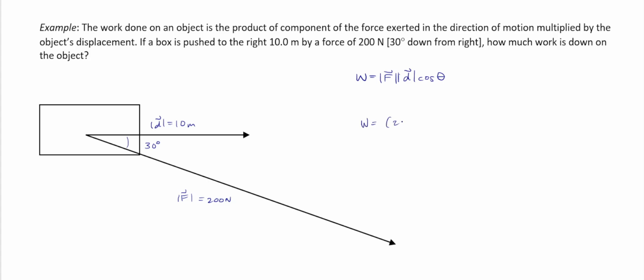So work is equal to 200 newtons times 10 meters times cos of the angle in between them, which is 30 degrees. Okay, so work is going to be 2,000 newton meters times the cos of 30 degrees, if I use my special triangles, that's root 3 over 2. So then this is approximately equal to 1,732 newton meters.